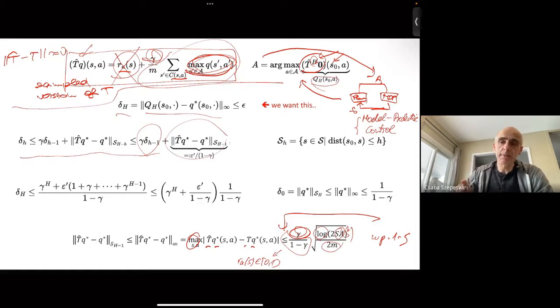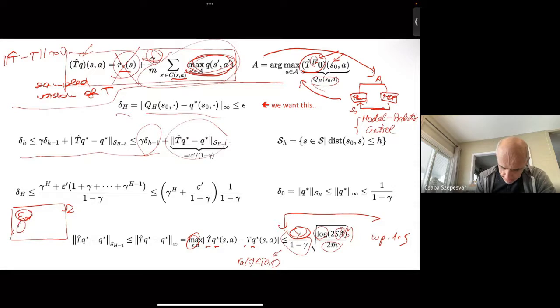So for each of them, there is the set of events when Hoeffding's inequality doesn't hold for each state action pair. So there is the set of all the events, and then there is an error event for each little SA.